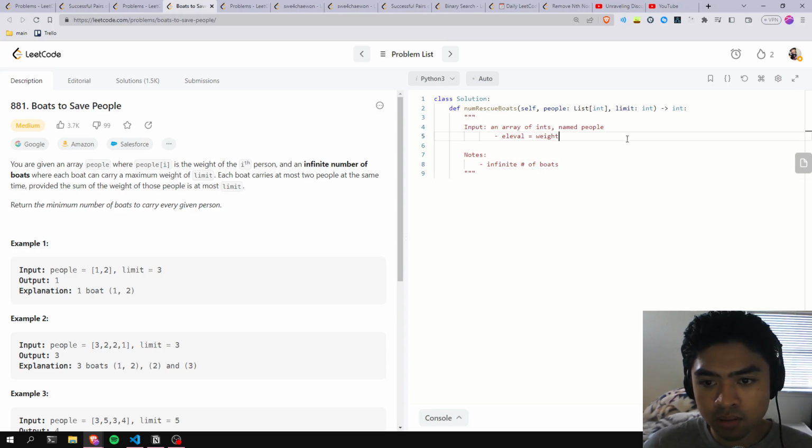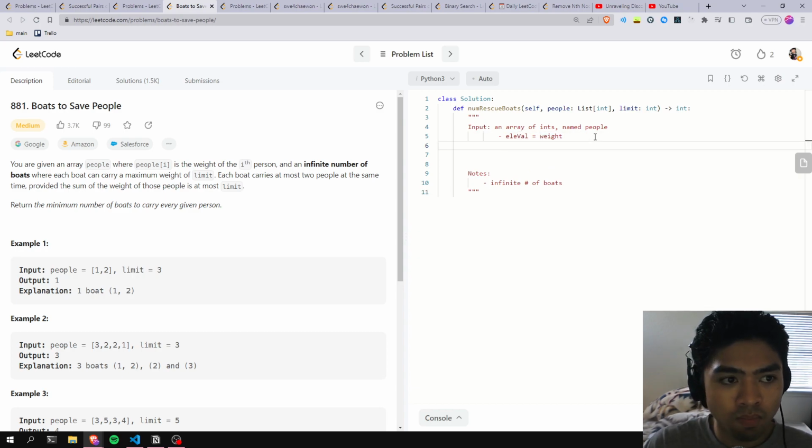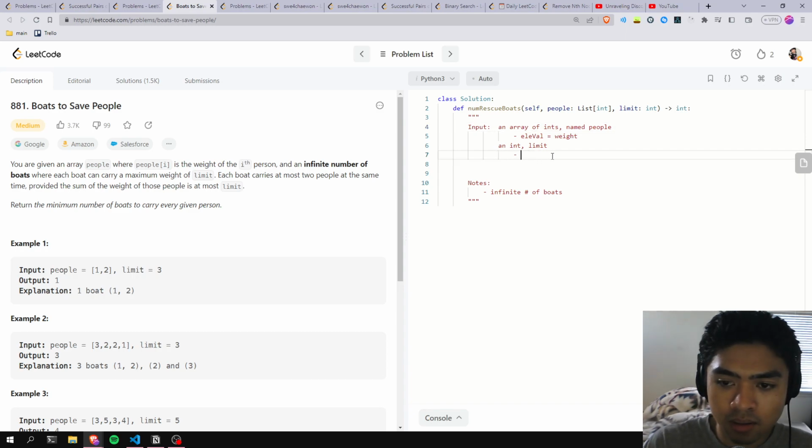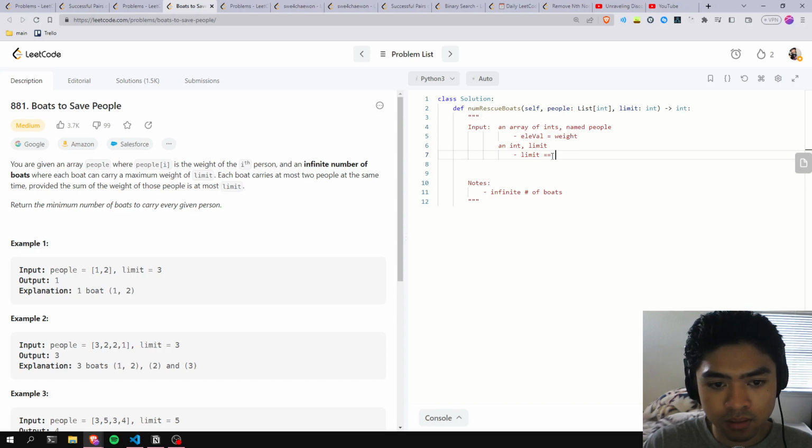And then the output. Oh wait, no, we still haven't gotten the input yet, right? So for our input, we also have the limit, an int limit, where limit is basically the max weight of a boat.